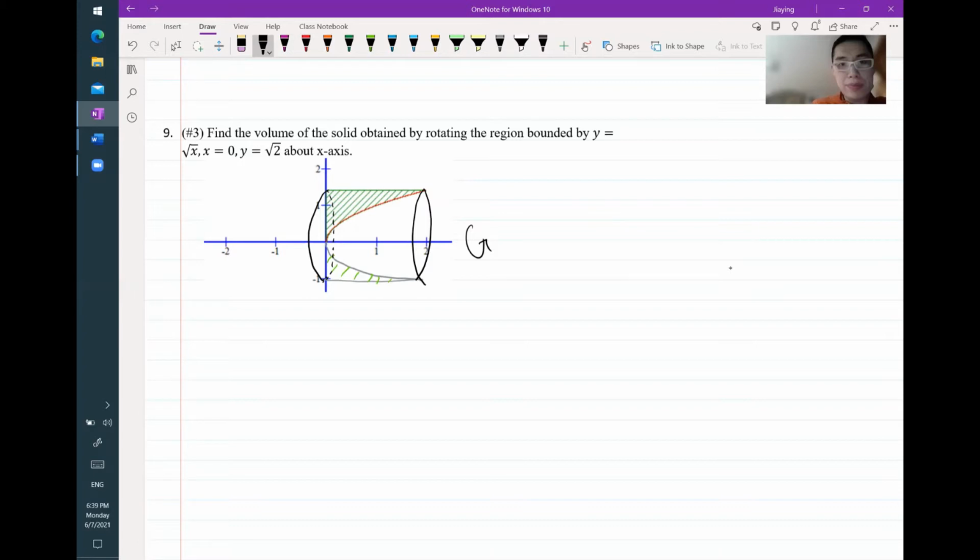Because we're rotating around the x-axis, when you pick a rectangle, you have to pick it so that the rectangle is parallel to the x-axis. So I'm going to pick the rectangle in this direction, so that when I rotate this rectangle about the x-axis, I end up with this cylindrical shell in the middle.